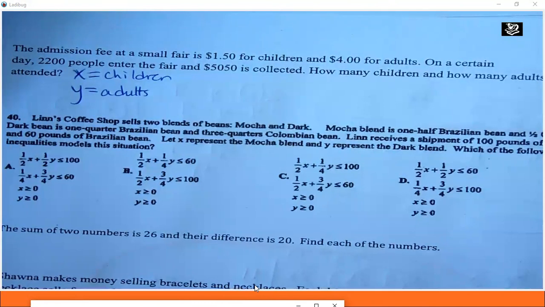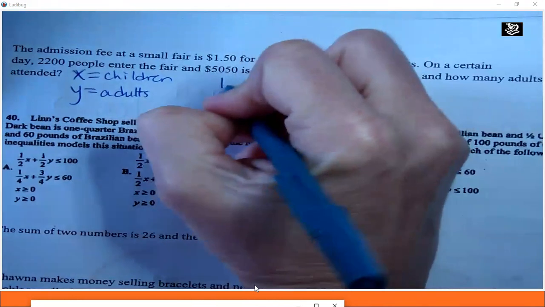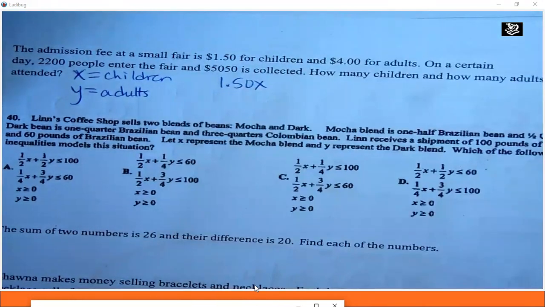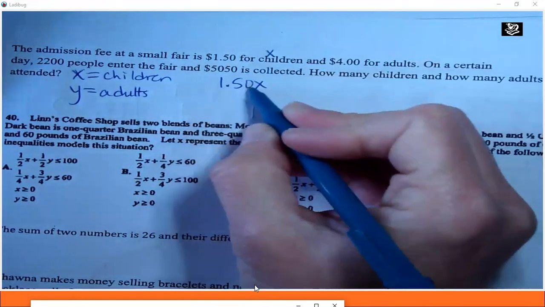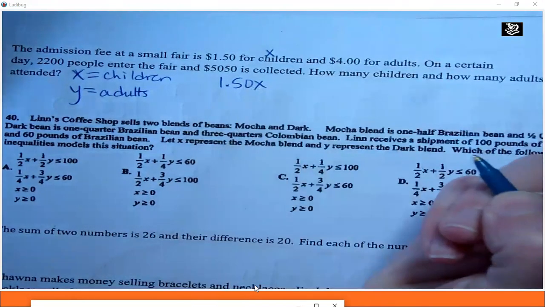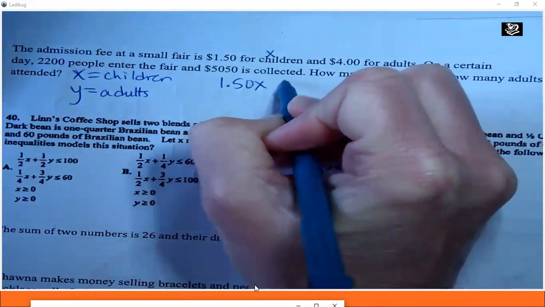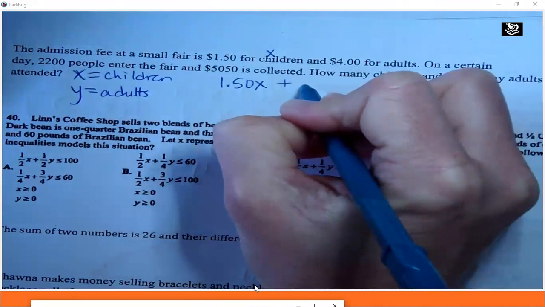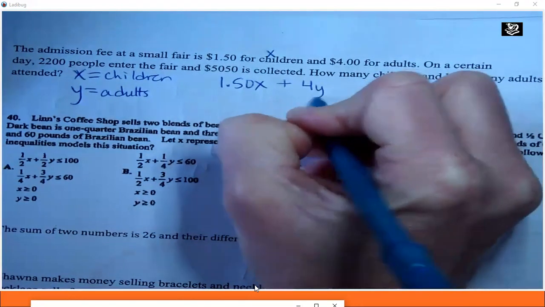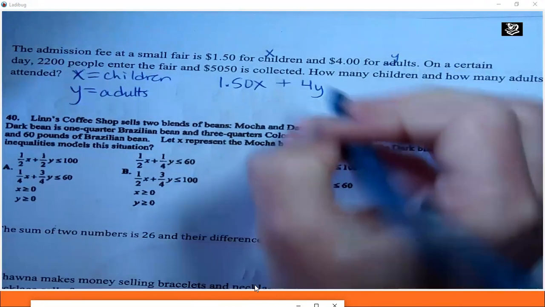Okay. Let me have Allison. What do you think one of your equations should be? 1.50X. Children is X. Keep going. 1.50X plus 4, or Adults is Y, so I'm going to put a Y. What is it equal?